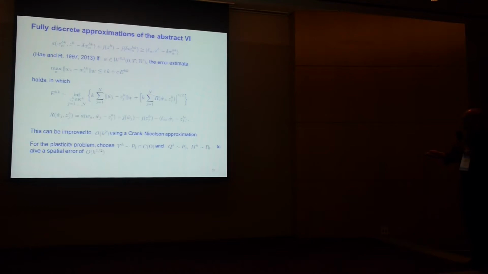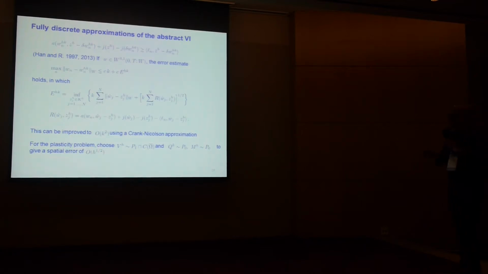As far as this over here goes, if I choose linears for my approximations for my displacement, like I showed a moment ago, and constants for the plastic strain, because I don't differentiate these anywhere, then I have a spatial error of order h².